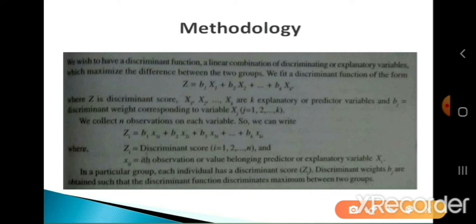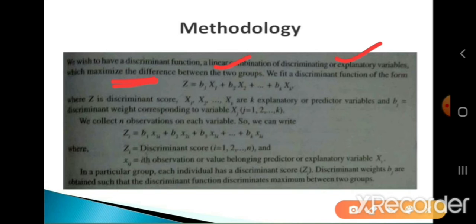Next is the methodology of discriminant analysis. Here we wish to calculate the discriminant function, which is the linear combination of predicting or explanatory variables that maximizes the difference between two groups.